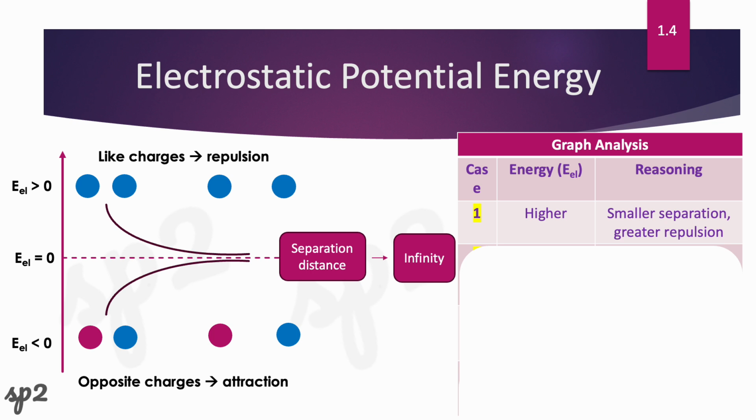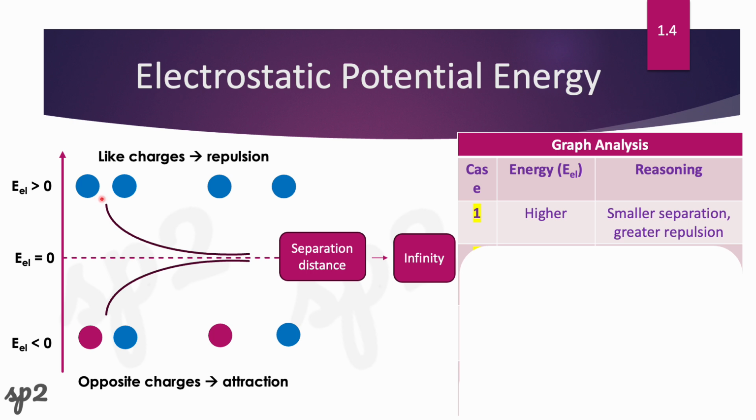So let's take a closer look at the electrostatic potential energy using a very simple diagram here. What I have for you on the left is my energy axis, right? And I have these two particles. They have the same color. That means they have the same charges, right? So if I have two positively or two negatively charged particles close by, they don't like it, right? They're going to repel each other.